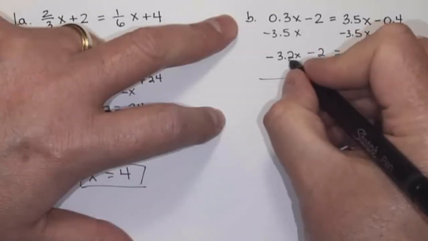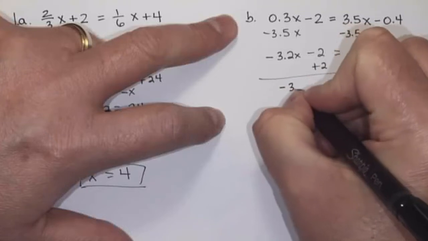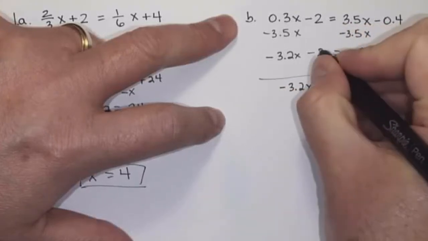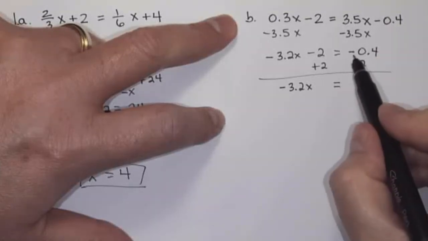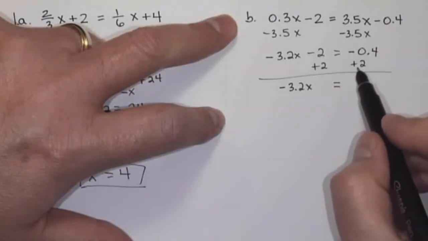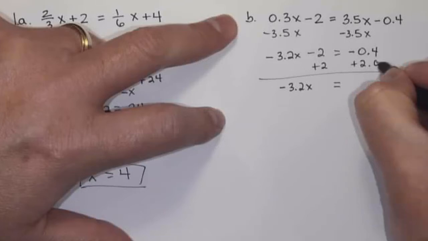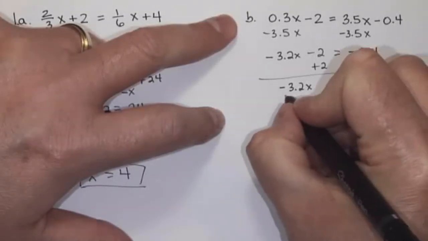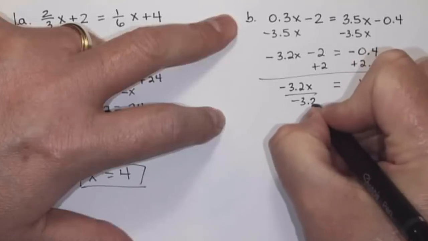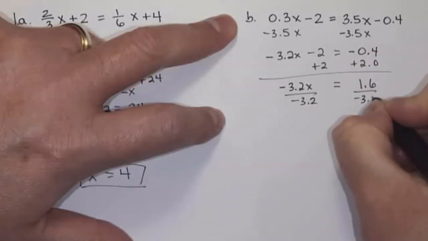So I'm going to get on the left-hand side negative 3.2x. The minus 2 plus 2 goes away. On the right-hand side, negative 0.4 plus 2 is going to be positive 1.6. And so we can divide both sides by negative 3.2.